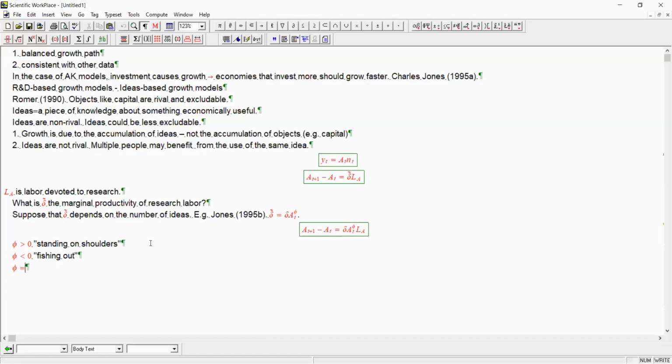The third possibility, of course, is that phi is 0, which means that, well, it's not a problem for the literature if phi is 0. It just means that the amount of pre-existing knowledge doesn't affect how hard or easy it is to come up with more knowledge. I argue that trying to figure out which case is relevant for the world is important.